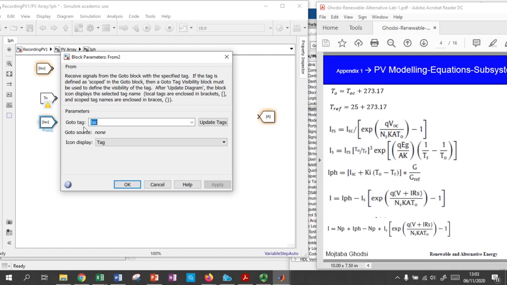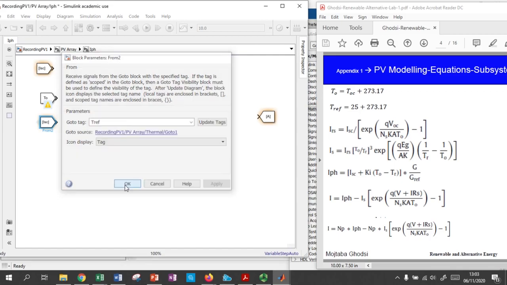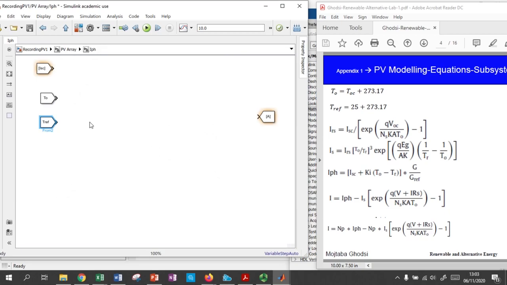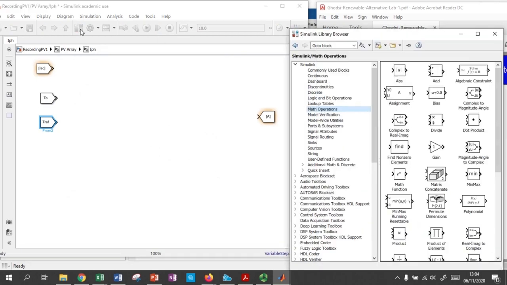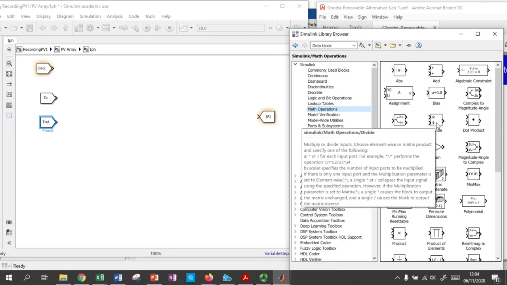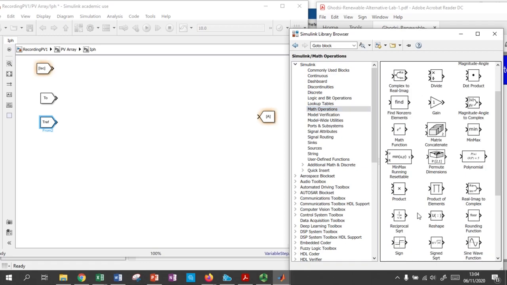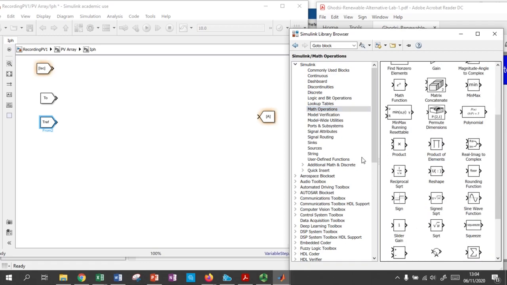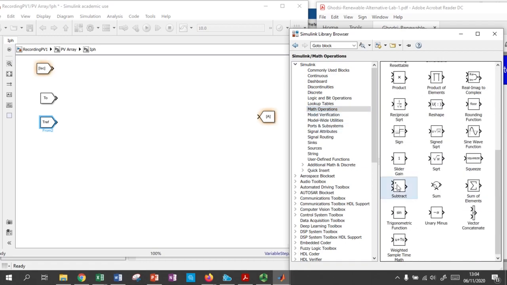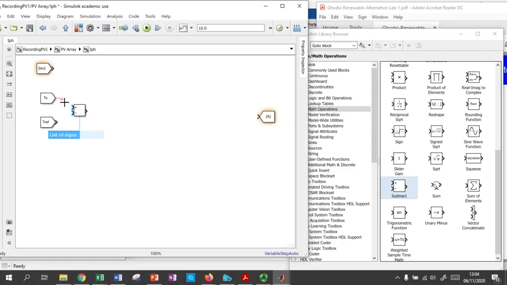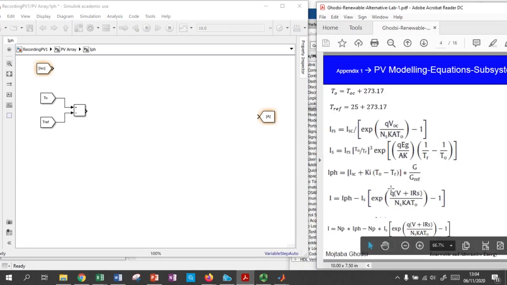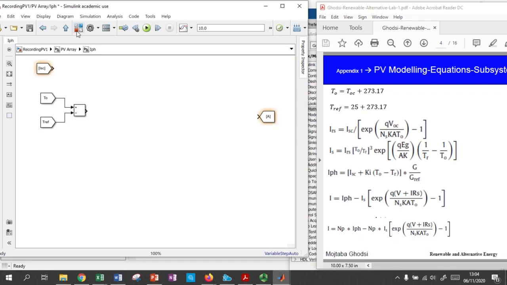The next one is called T reference that we made in the previous thermal subsystem. Then we need to subtract. Okay, look, this is TO minus TR. Okay, where is the subtract in the math operations? Here, subtract is here, then we will add it here, and we will find this one. Then the output of this one should multiply, as I remember, to the Ki. Okay, then there is one constant, then we need a constant.